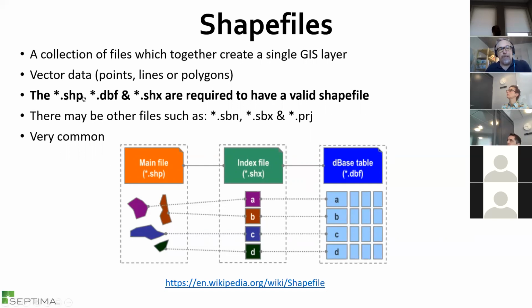There's the .shp, which is where the name comes from, the shapefile itself, which stores the geometry. Then there's a .dbf that has the same prefix, and the .shx. All three of these are required to have a valid shapefile. And there may be other components too. You can get a shapefile that has up to 8 or 10 pieces to it, but the three that are important are these three right here.